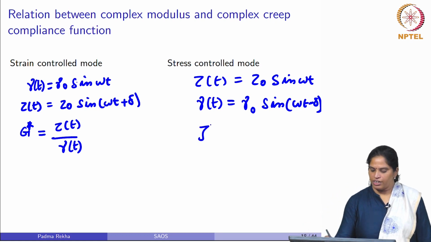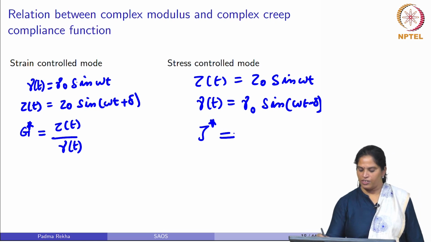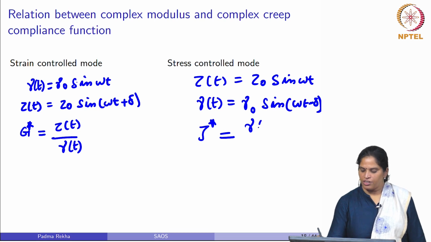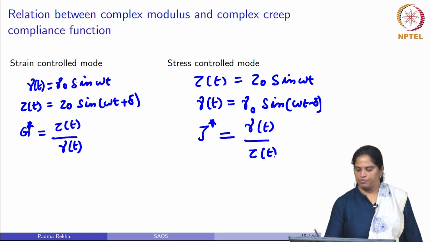So, we defined a function called the complex creep compliance, which is defined as gamma of t divided by tau of t.